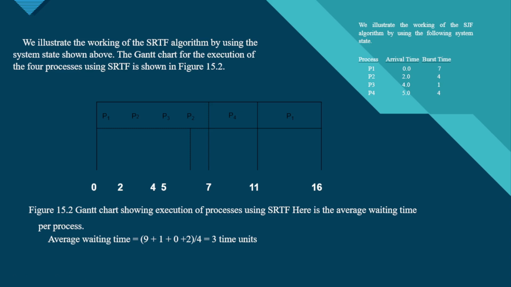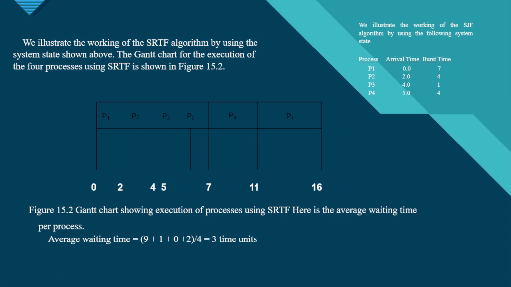So we allocate the CPU to P3 for 1 unit only, and this P3 has now terminated. Then P2 is the next shortest, with a remaining burst time of 2. So 5 plus 2 is equal to 7.